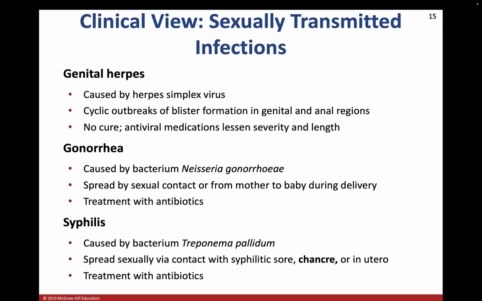Syphilis, this is also a bacterial infection, and it is spread sexually via contact with a syphilitic sore or canker, or in utero. Now, this is treated with antibiotics, and there are stages known as tertiary syphilis, and in tertiary syphilis, we see significant central nervous system issues and overall a lot of problems that are tied into that.